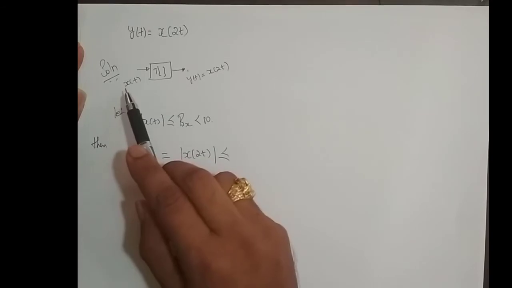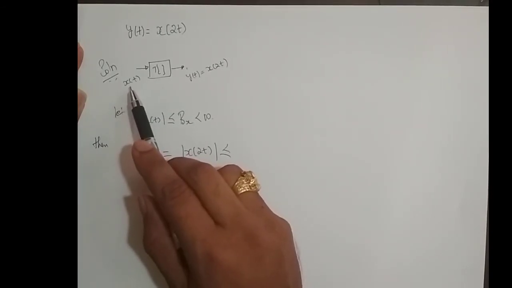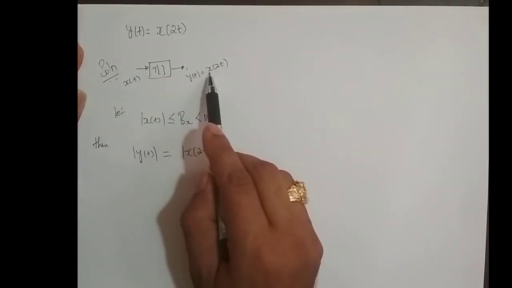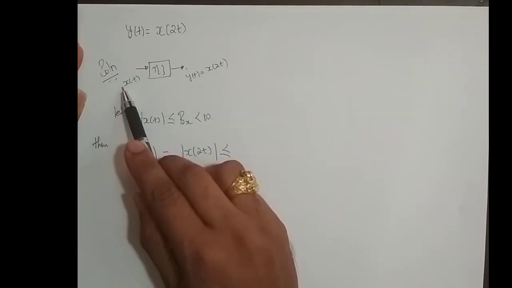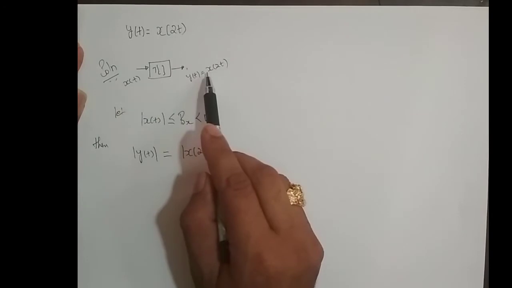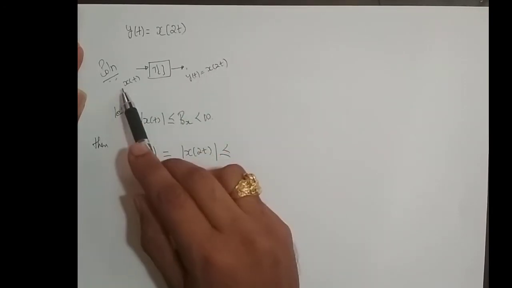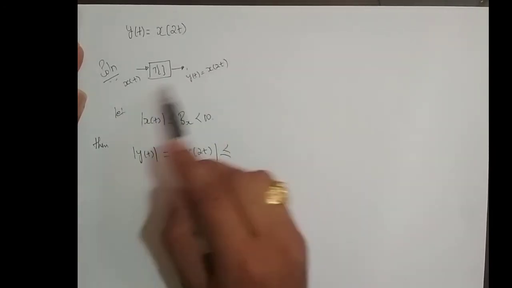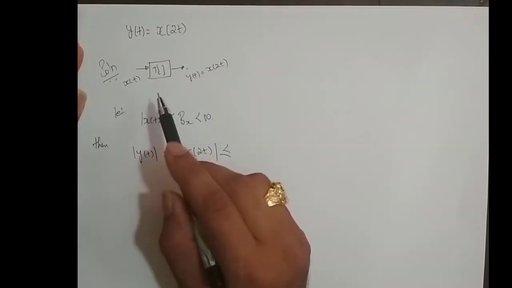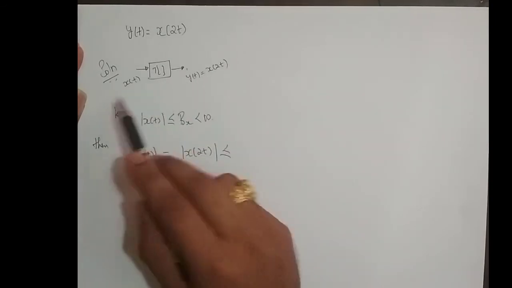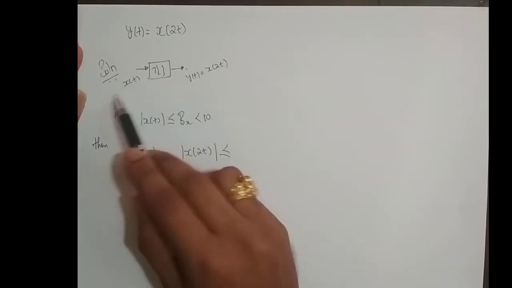x(2t). Does it change anything about the amplitude of the input signal? If the amplitude is 1, the output is also 1. If the amplitude is 2, the output is also 2. If the amplitude is 100, the output amplitude is also 100. It doesn't do anything to the amplitude, but it is doing something to the time, but we are not bothered about time. To analyze system stability, we have to concentrate only on what's happening to the amplitude.